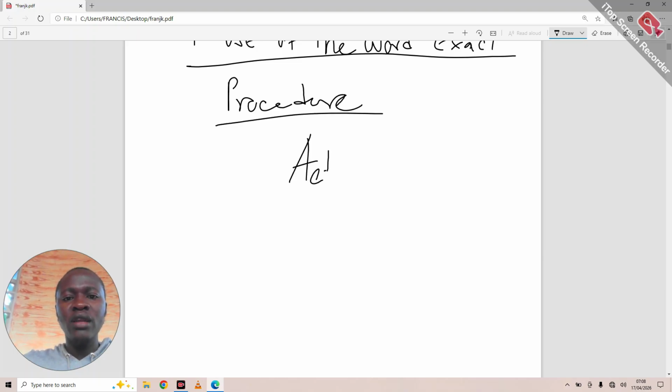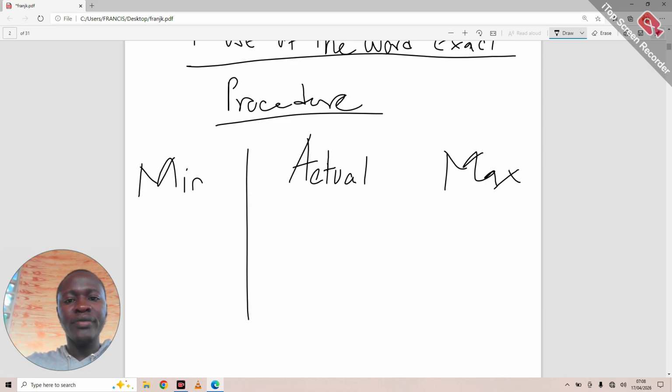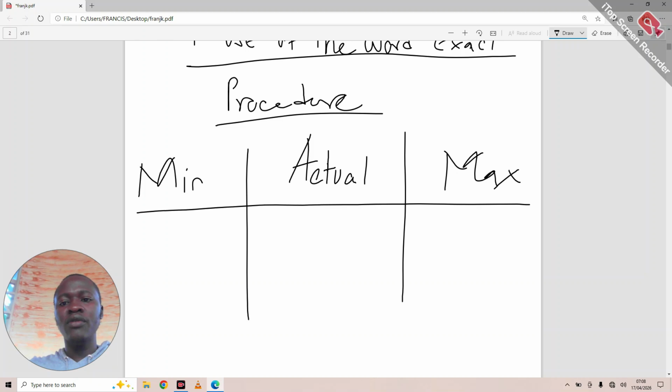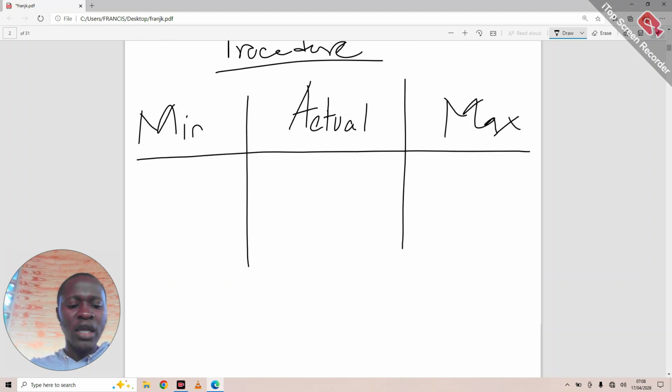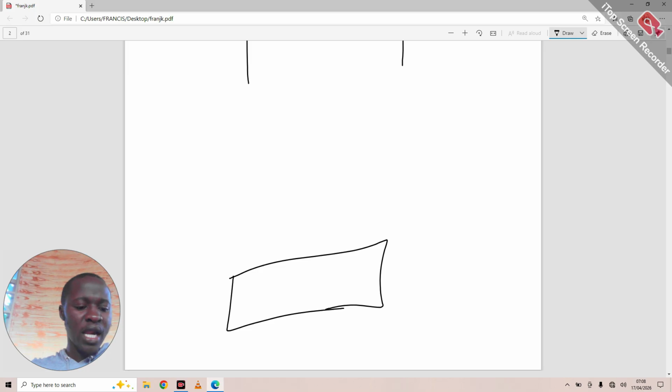So in the middle, I have the actual, the far end maximum, and the other far end minimum. Then just have it on a table. Now, what is our actual? But before I fill up the values, let me have a little sketch of a rectangle.